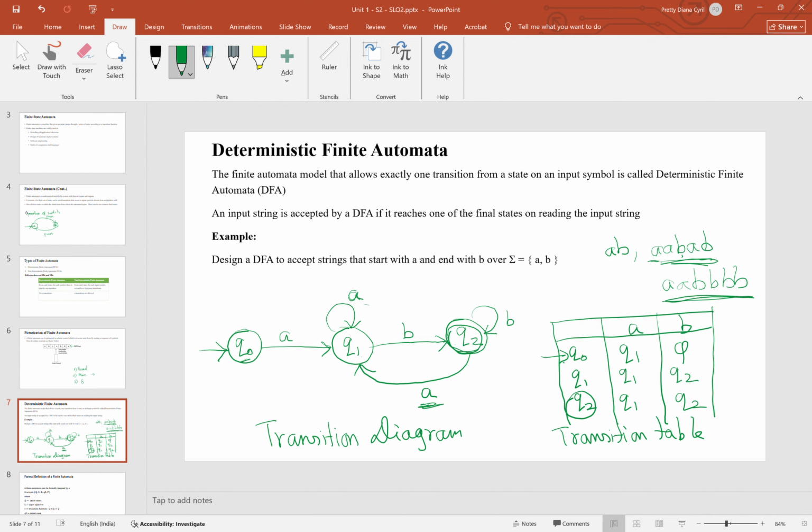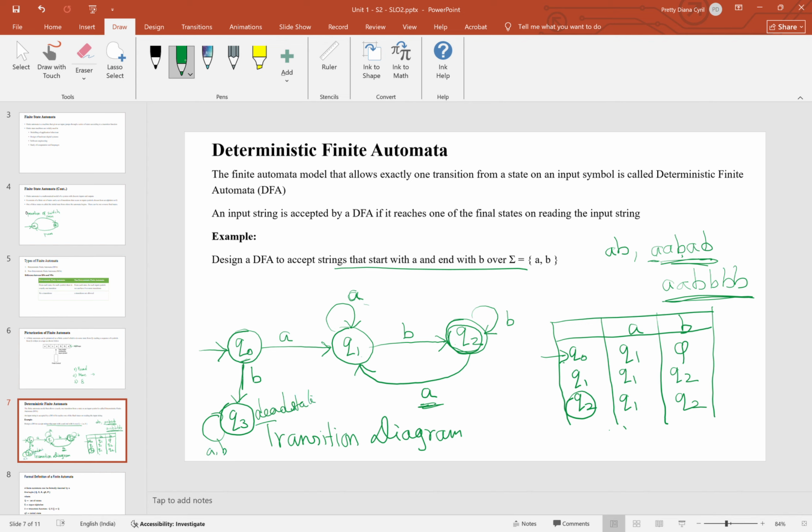Suppose the input is B. If you are transmitting the value B, the state is Q3. What will happen? We can't follow the statement given here, right? So it will go to the dead state.